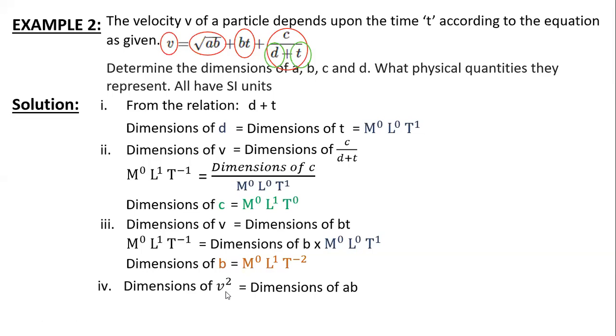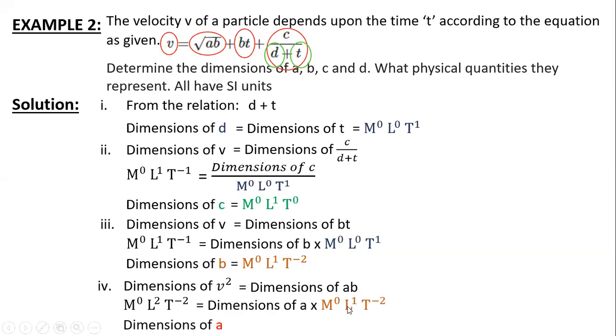The dimensions of V square are meter per second, the whole square. AB is dimensions of A into dimensions of B, and dimensions of B we already calculated in the third case. Now dimensions of A will be simply both things divided. T power minus 2 will get cancelled and we get the dimensions of A.